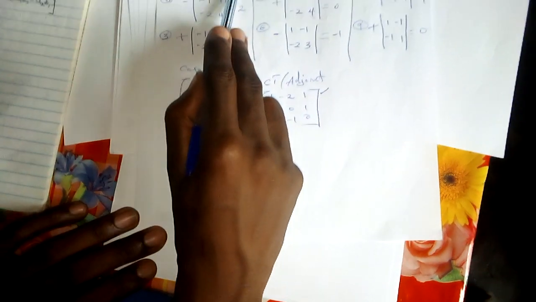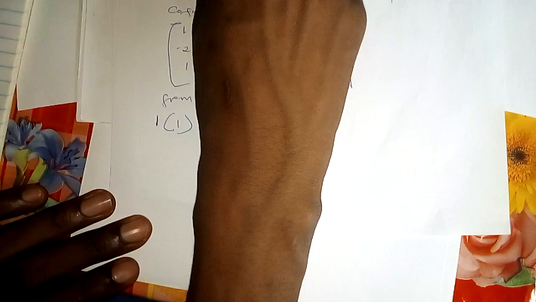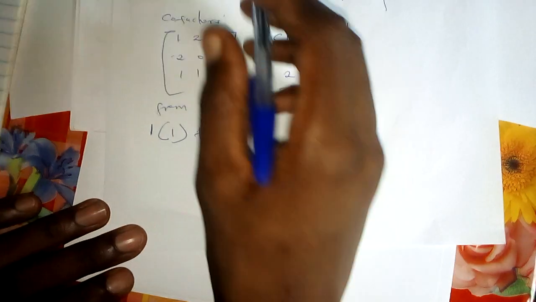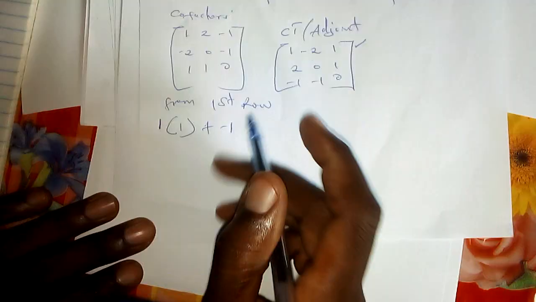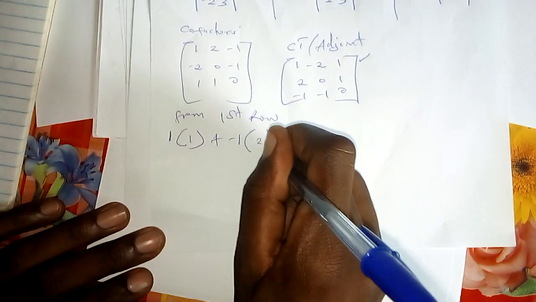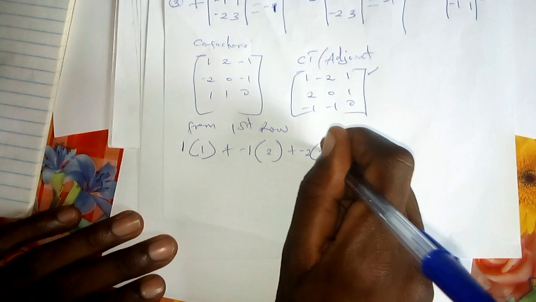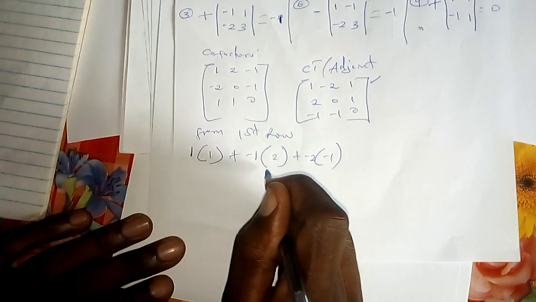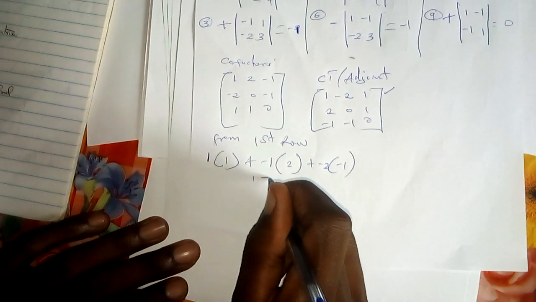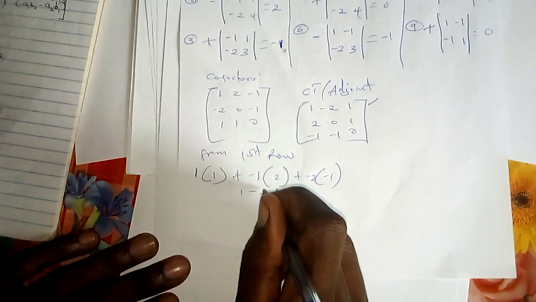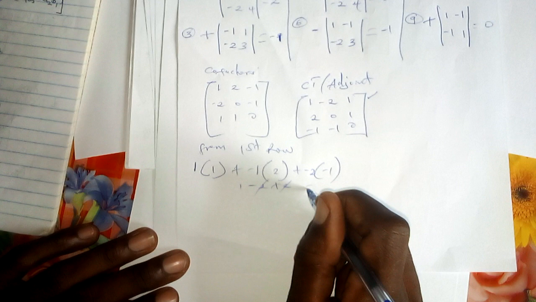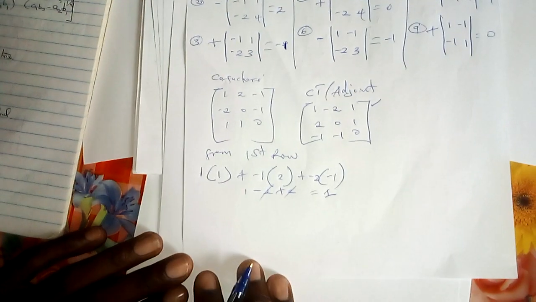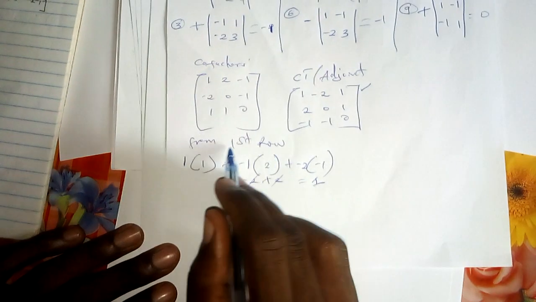The first cofactor was 1 plus -1, which was this one, into 2 plus -2, -1. So here, when you multiply out, it will be 1 minus 2 plus 2. This one is gone. We have 1 as your determinant. This is from the first row.